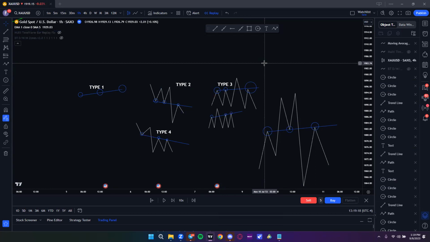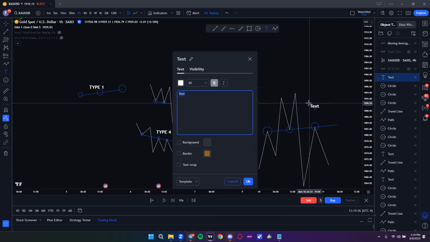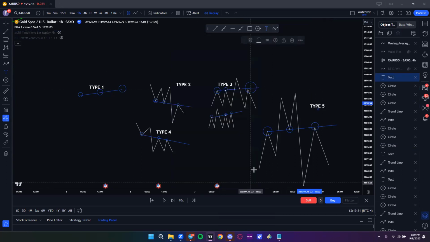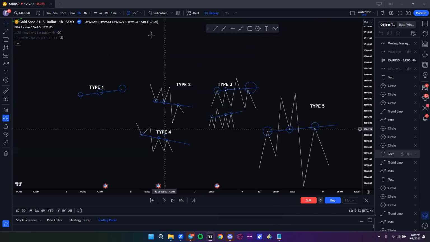If you guys have trouble identifying them, I have a bunch of examples for you. So that's type 5. Type 6 is pretty much crossing of these trend lines. We'll go over that next time.